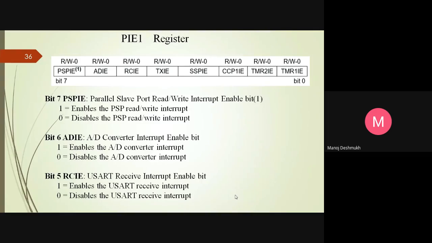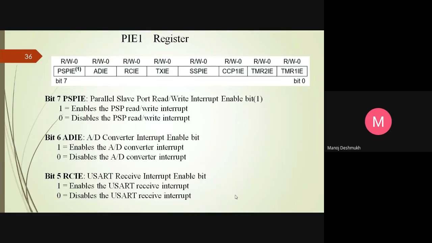We are able to enable a particular interrupt like the ADC interrupt, only ADC, or the receive interrupt, or the transmit interrupt. For this purpose we first go with enabling the interrupt, that is PIE1, and then next PIR1.